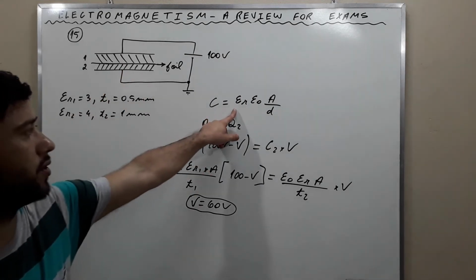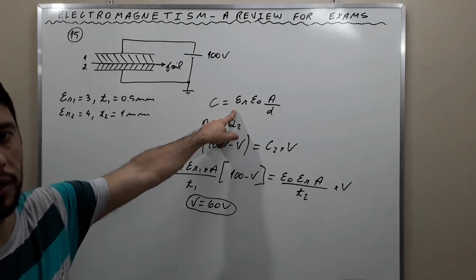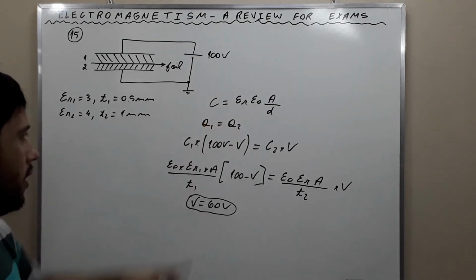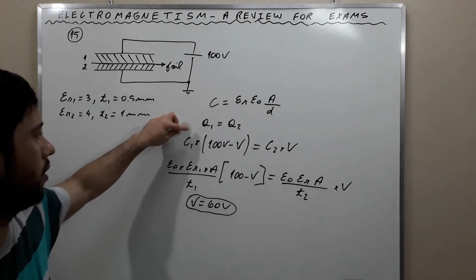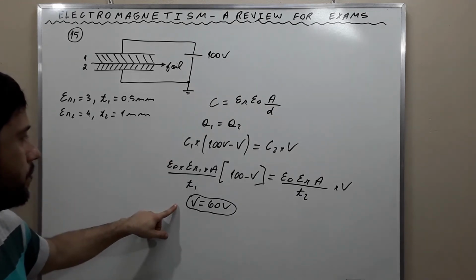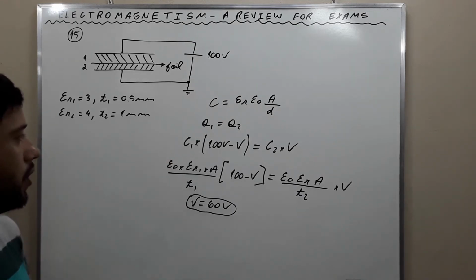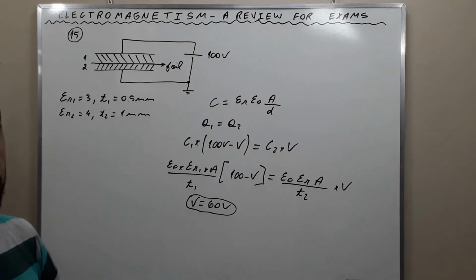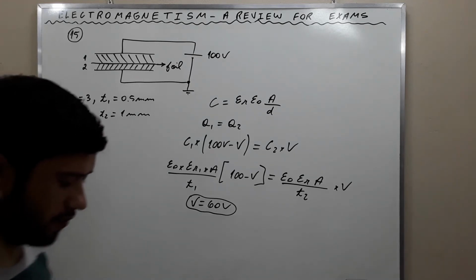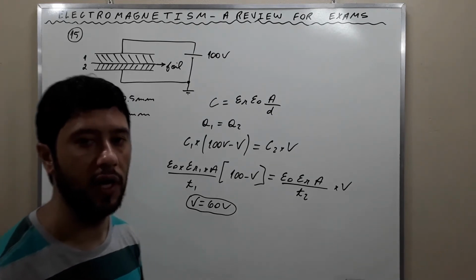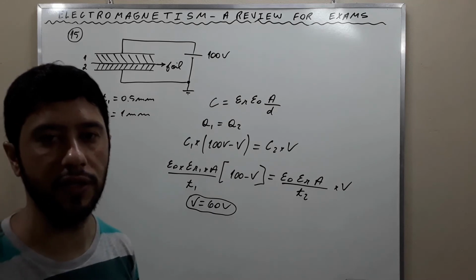And we used this expression here to calculate the capacitance. And by substituting this and this here, we found 60 volts. So this is everything for exercise 15. Let's go to exercise 16.